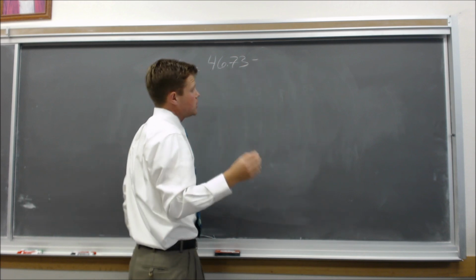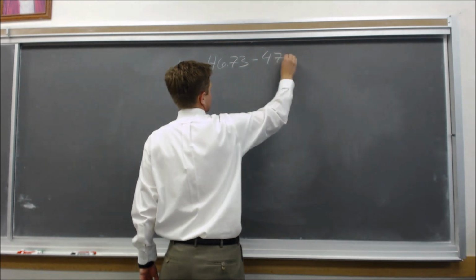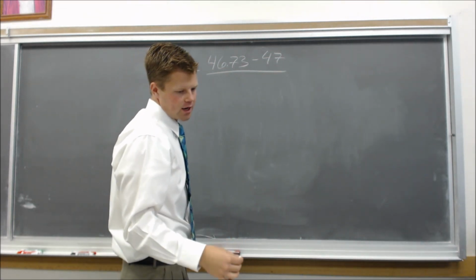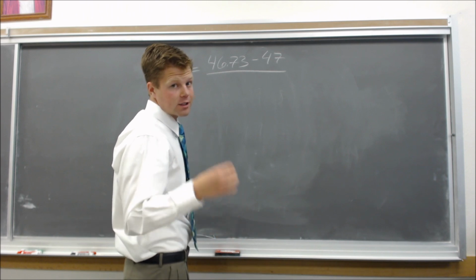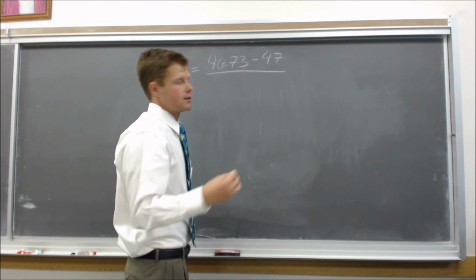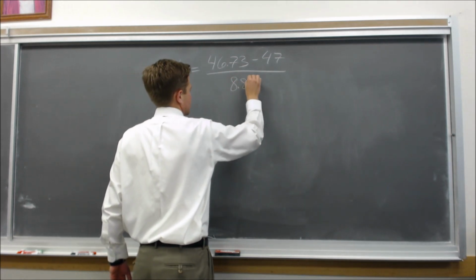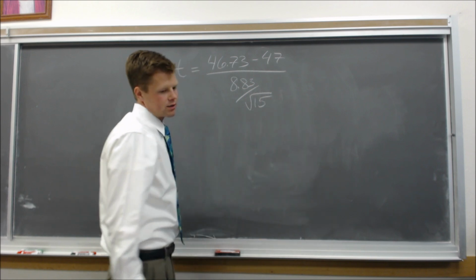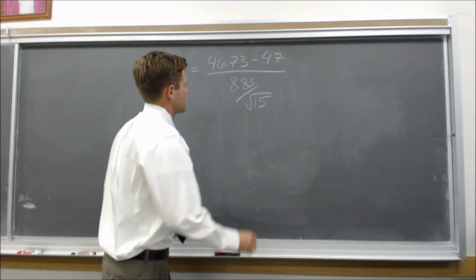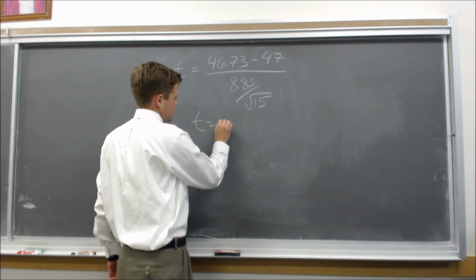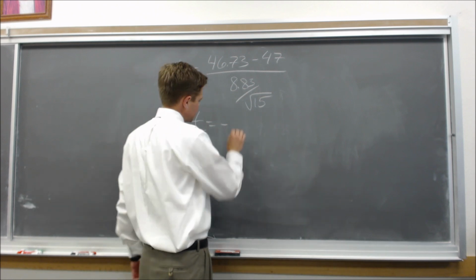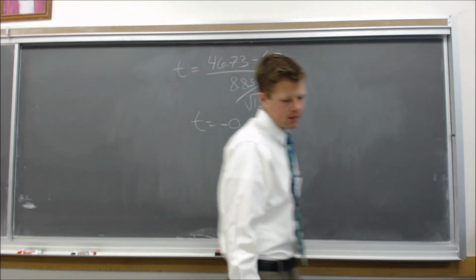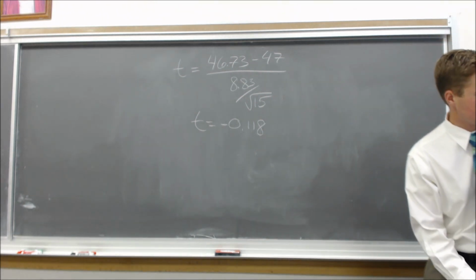And then we're going to minus our mu, which is 47. I'm not going to write down the original. Hopefully by this point you've figured out the standard formula. Divided by our sample standard deviation, which is 8.83, divided by the square root of our sample size, again 15. When we plug that into the calculator, we come out with negative 0.118.